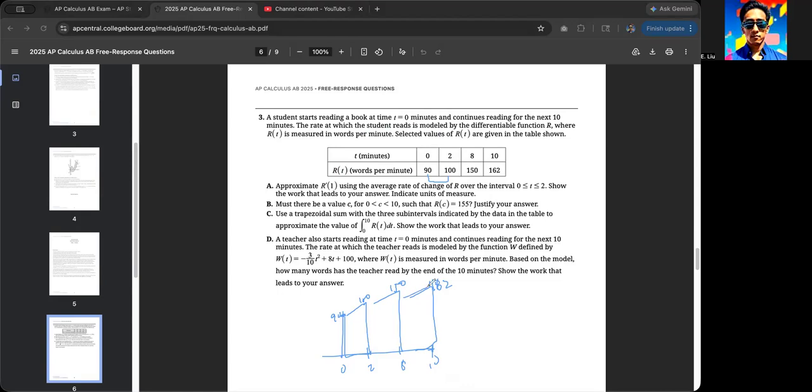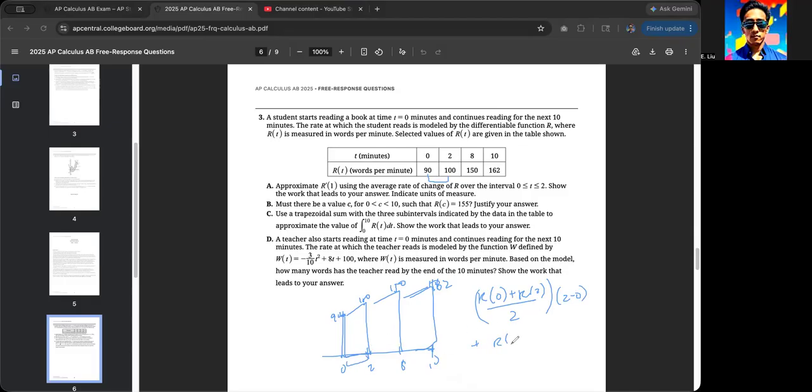At 162, right? So the trapezoidal sum is going to be R of 0 plus R of 2, divided by 2 because that's the trapezoid, multiplied by 2 minus 0, which is the width.